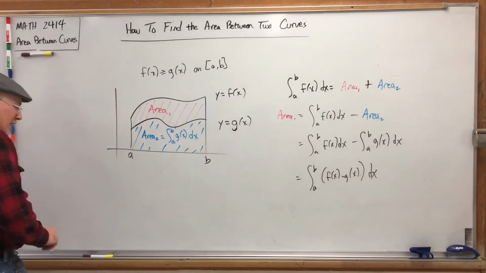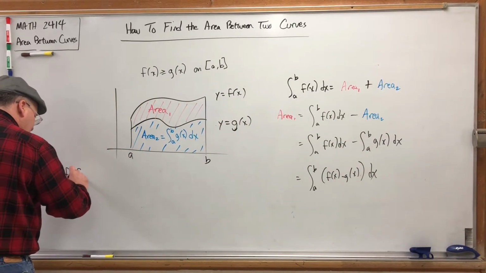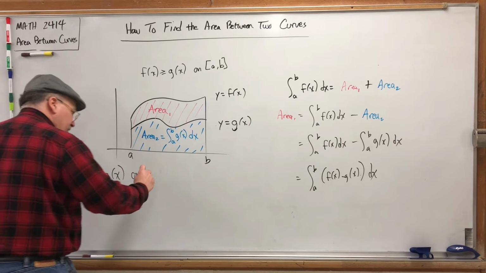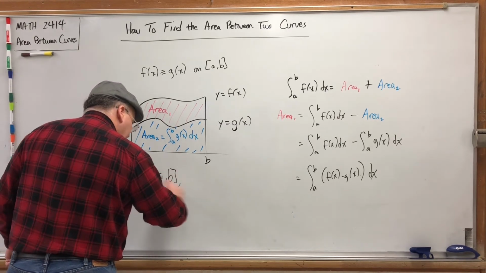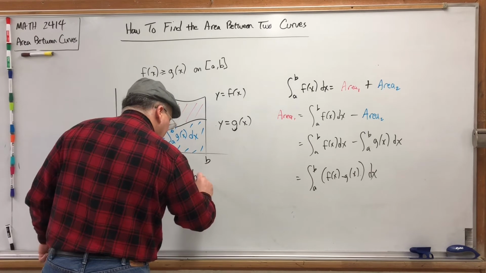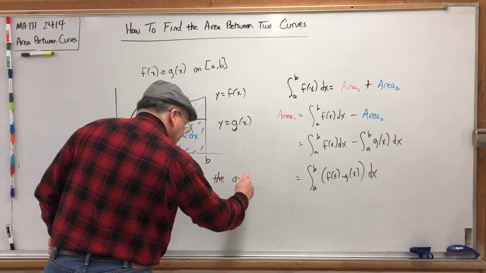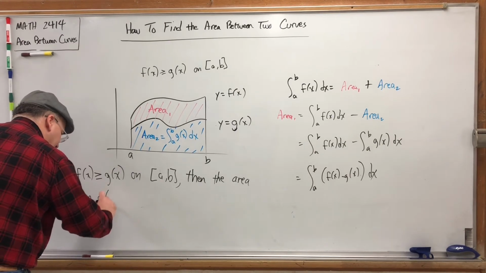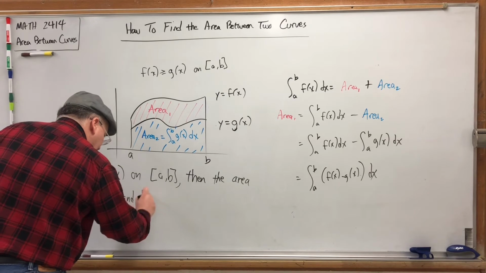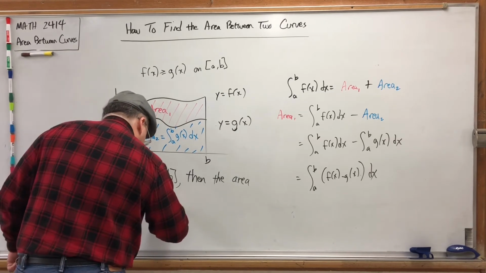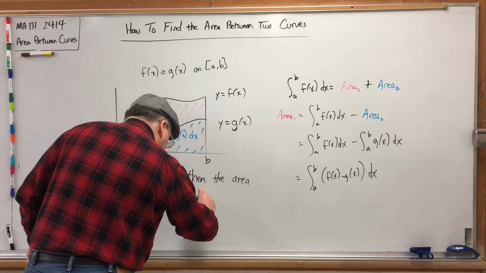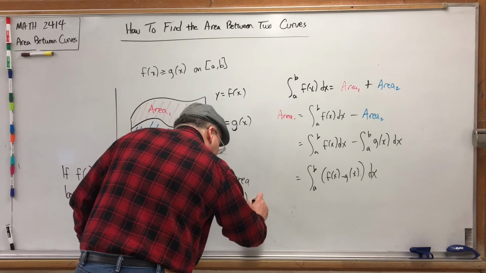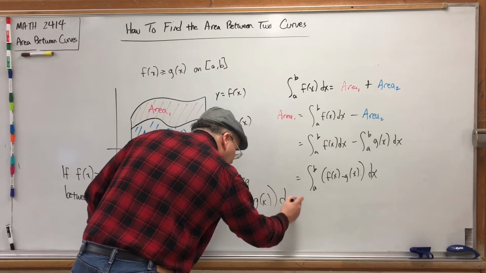So, we can say the following. If f of x is greater than or equal to g of x on the interval a to b, then the area between g of x and f of x on this interval, so on a to b, is the integral from a to b of f of x minus g of x dx.